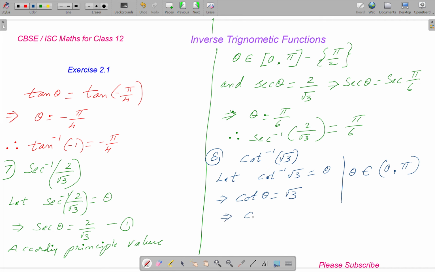That implies cot theta is equal to cot 5 by 6. That implies theta is equal to 5 by 6. Therefore, cot inverse root 3 is equal to 5 by 6.